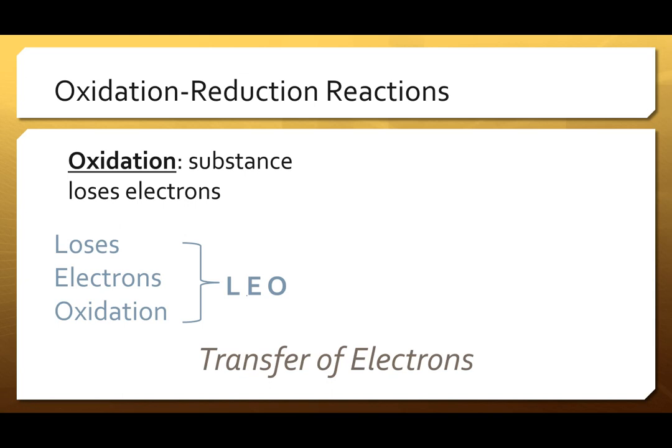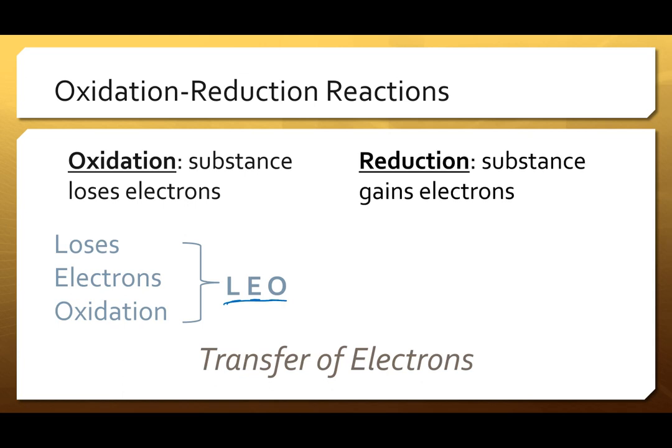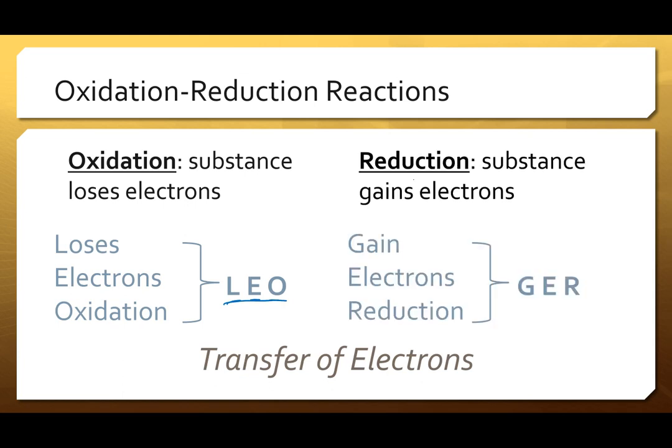So Leo, our lion: lose electrons, oxidize. Reduction is the substance that gains electrons. So grr: gain electrons, reduced. That's just one silly way to remember. Leo the lion says grr. Lose electrons oxidized, gain electrons reduced.